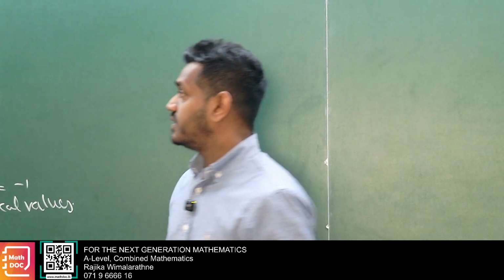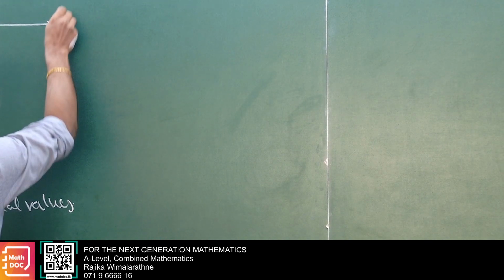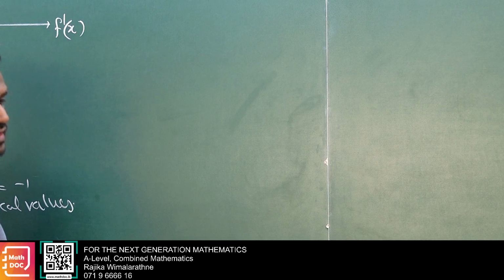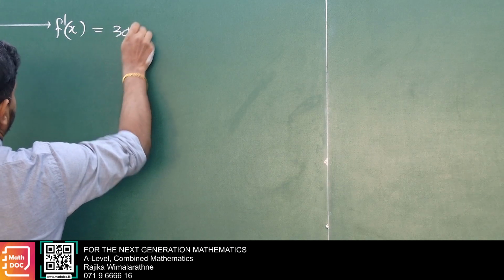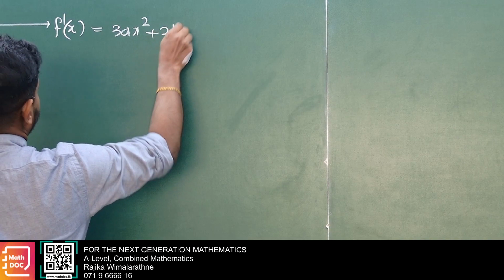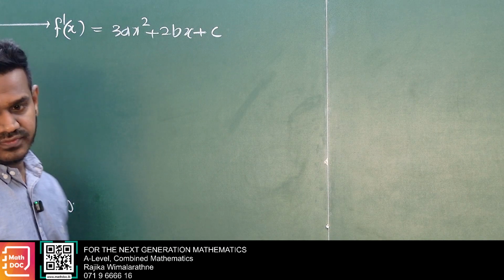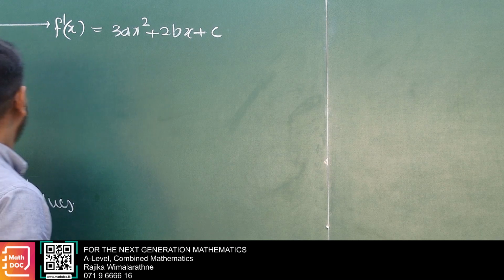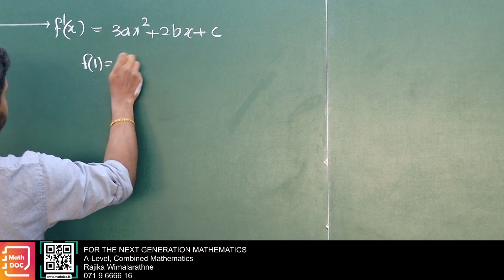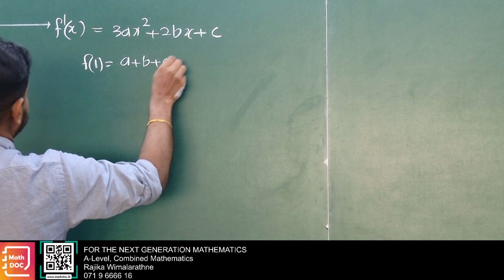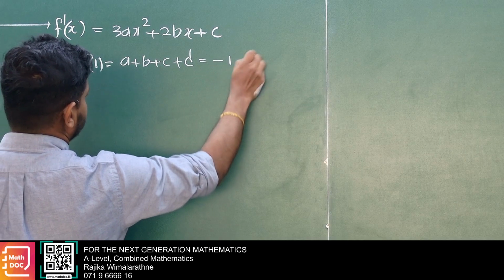So now here, first differentiate: f dash x equals 3ax squared plus 2bx plus c. This is the derivative. Therefore, f(1) is a plus b plus c plus d, that is given minus 1, say equation 1.